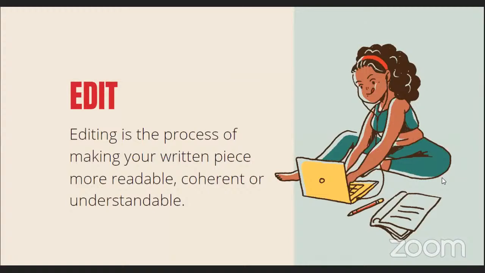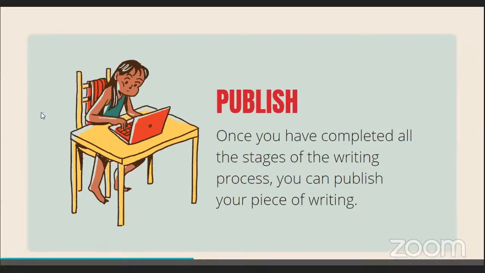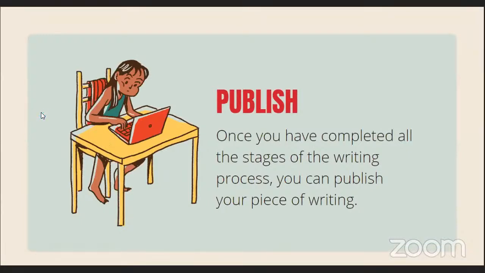At this point, you're making your presentation or your article more readable and understandable for your audience. Next, after that, you publish your article or your work. Once you've finished this cycle, you publish your article.